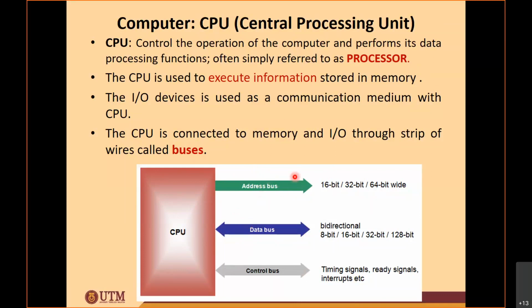We have three buses: the address bus, data bus, and control bus. The size of these buses depends on the CPU that you are going to use. Later in the next few slides, we'll look in more detail at what the address bus does, what the data bus does, and the function of the control bus.